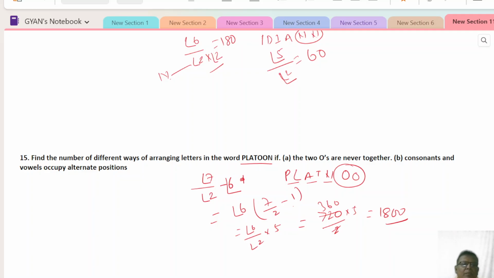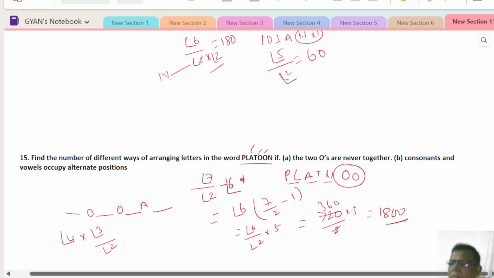And consonants and vowels occupy alternate places. So how many vowels are there? Vowels 3. And consonants, how many? 1, 2, 3, 4. So 4 consonants and 4 vowels. So consonants can be arranged in factorial 4, and vowels in factorial 3 by factorial 2.